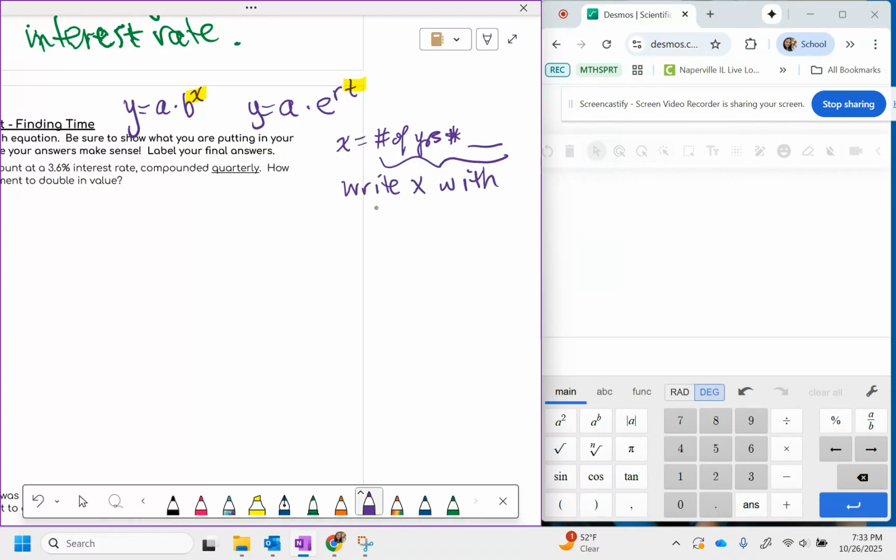So for this one, when we're finding time, you want to write x with a label. So it will be like an x equals however many months or quarters or years if it's annual, but weeks, etc. If you are using continuously, that is always years.